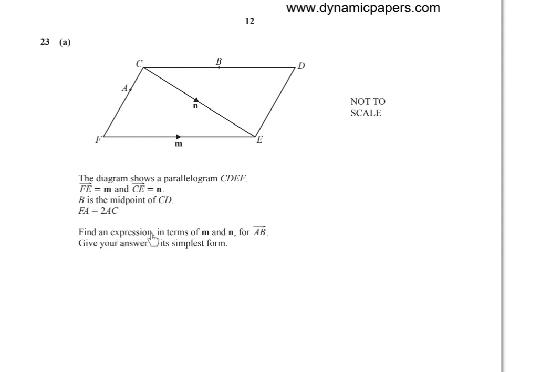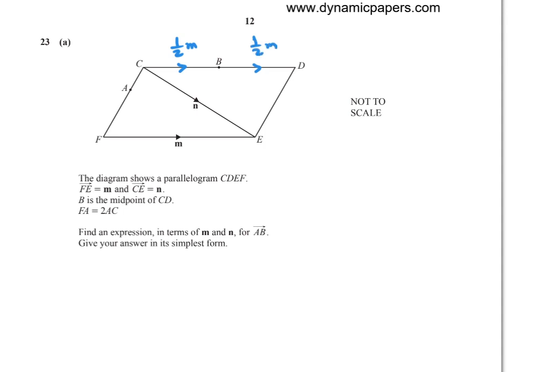Find an expression in terms of M and N for the vector AB. First, vector FE equals M, so CD equals vector M. Because B is the midpoint, CB is half M, and BD is also half M.